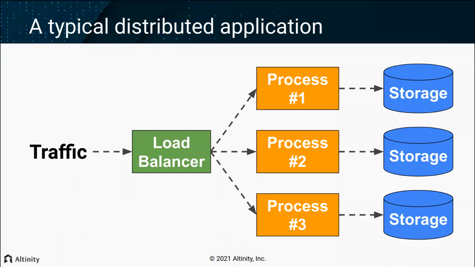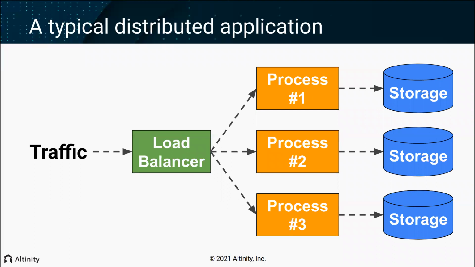So you have 3 processes that each have their own storage. They're talking to each other and replicating. And then they have a load balancer in front of them, so that when people want to find Zookeeper, they just come to the IP address of the load balancer, the traffic gets routed to one of those processes, and then they get their request served. So that is the distributed application.